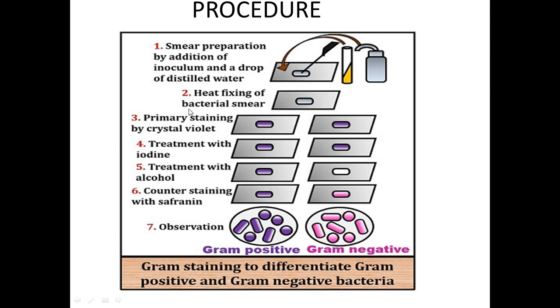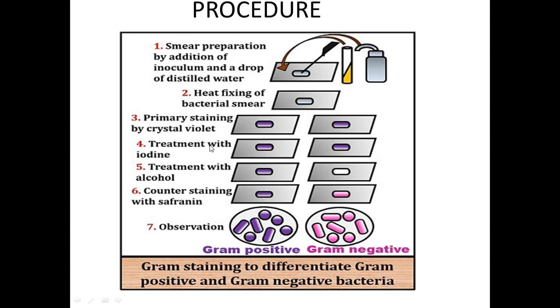The main step here, which is the primary staining method, is the addition of the crystal violet. When you add the crystal violet, you allow it some time to dry, then you rinse it with distilled water, then you treat it with an iodine solution.